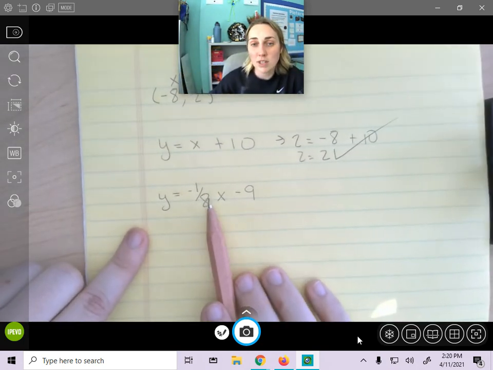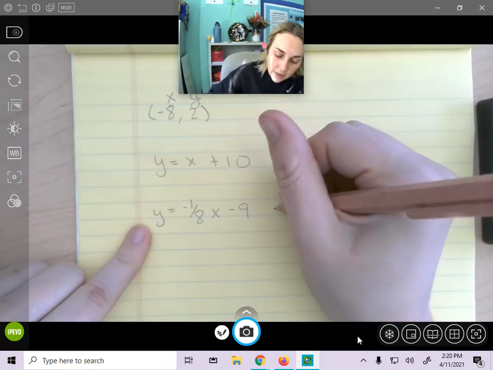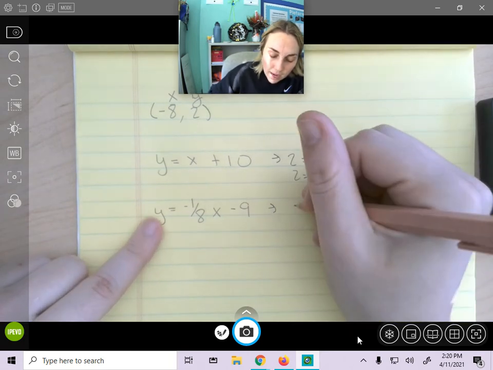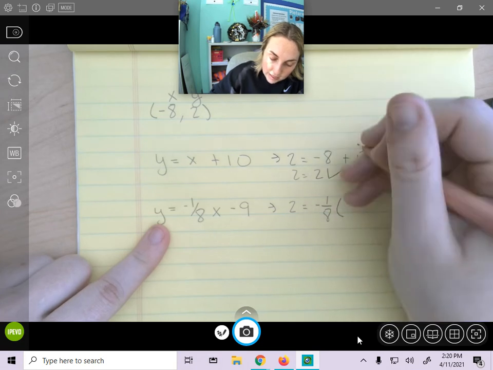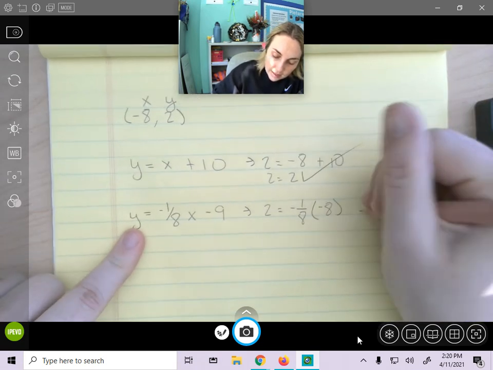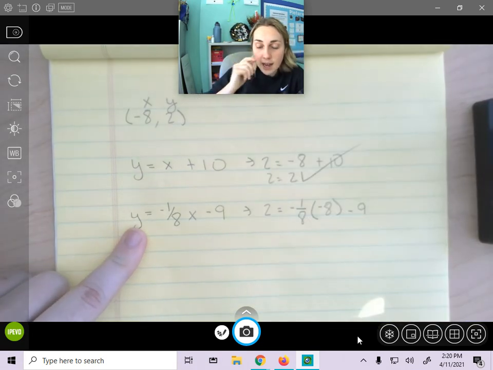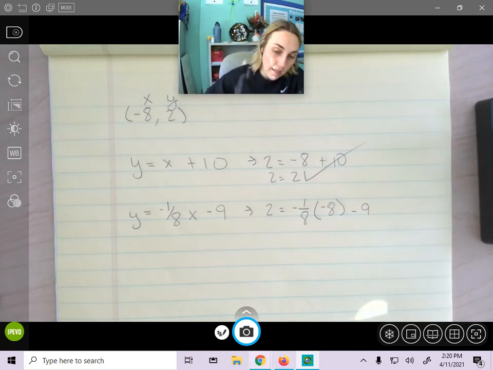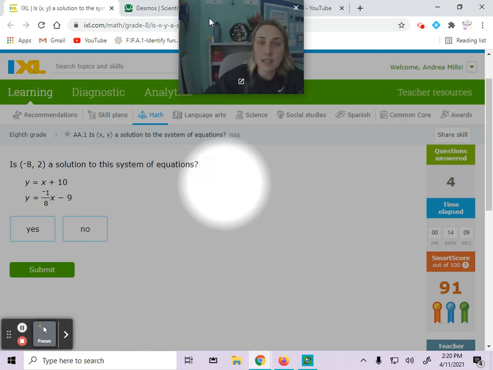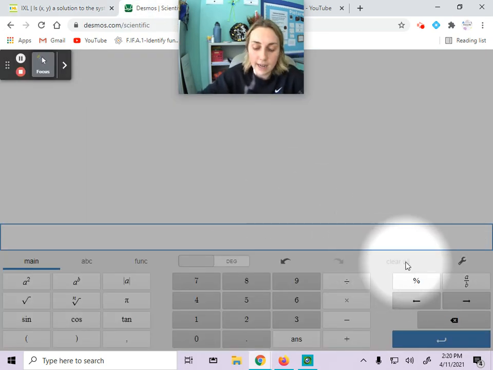Alright, now I got to make sure this one is 2. My x value, my y value is a 2. I'll bring down this -1/8. My x value is -8, and that is going to be subtracted by 9. I know -1/8 times -8 is going to give me a +1. But if you don't know, this would be a good example of using your handy dandy Desmos calculator. Alright, so first we're going to do -1/8 times -8.